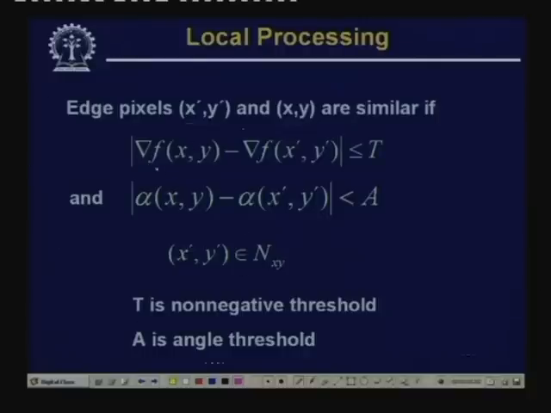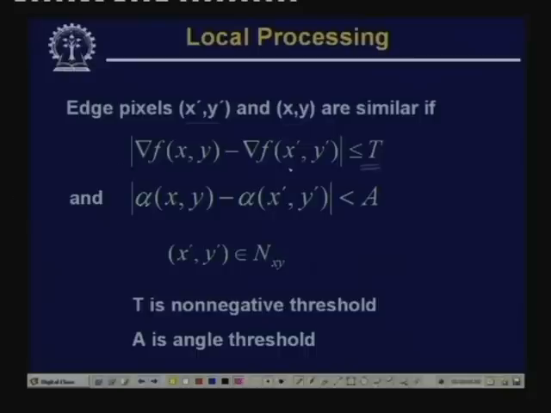So, we compute the gradient at location x y and also the gradient at location x dash y dash, and if the difference between these two is less than or equal to a certain threshold t, where t is a non-negative threshold, then the strength is similar.